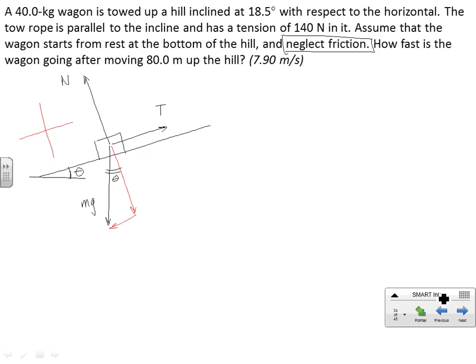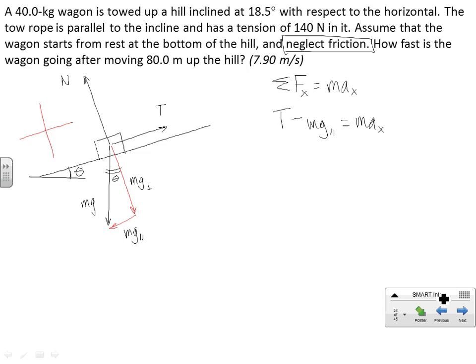We know for sure we're going to draw a free body diagram and do net force statements. I'll go x direction first. So this is going to be T minus mg parallel, here's mg perpendicular, equals ma.